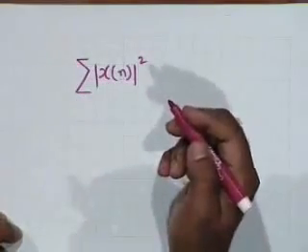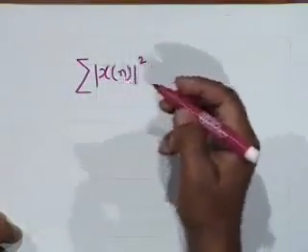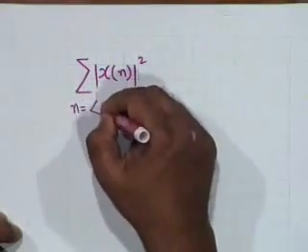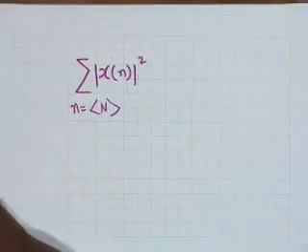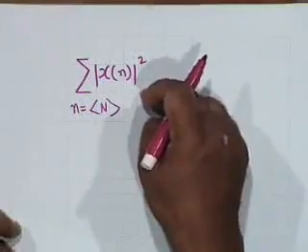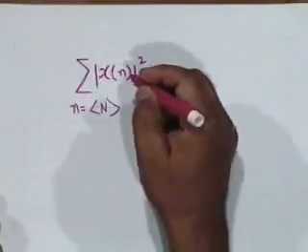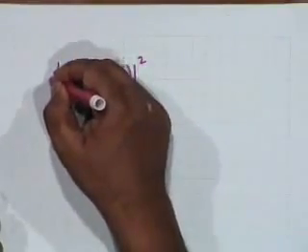If we take a periodic signal, it would be a sum over one period, that is n, if the period is capital N. This is the energy over one period. If you sum it up for all periods, obviously it will go to infinity.